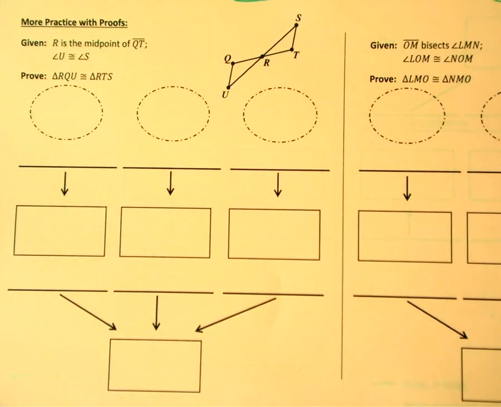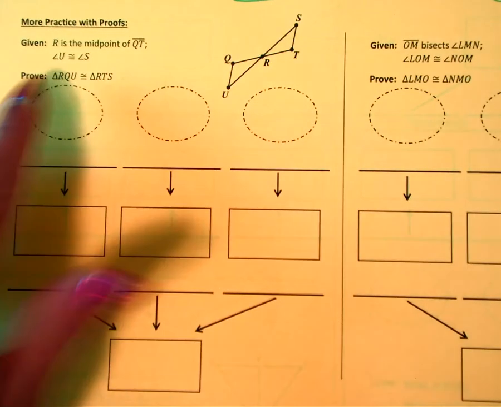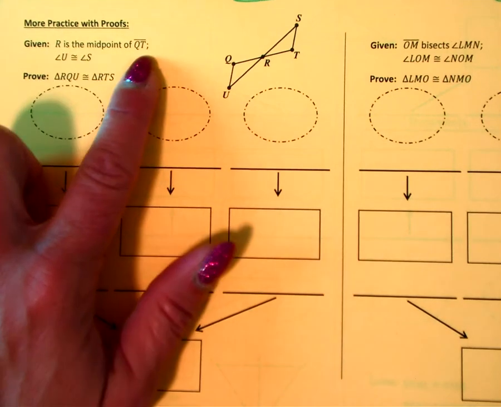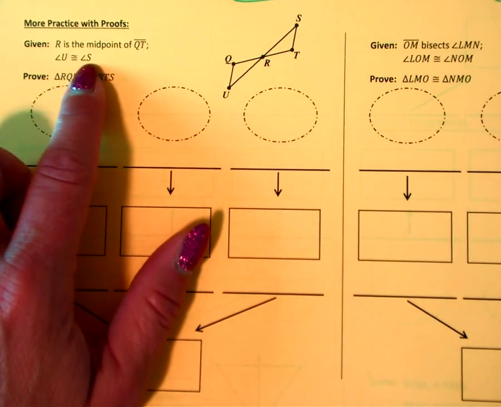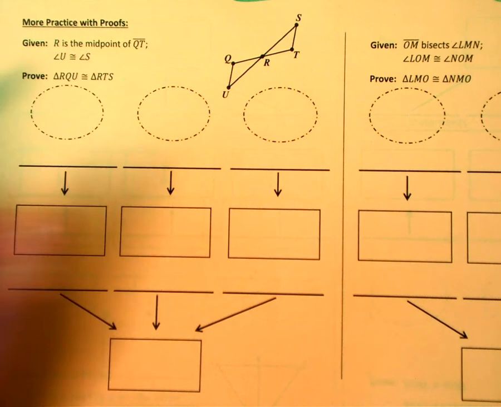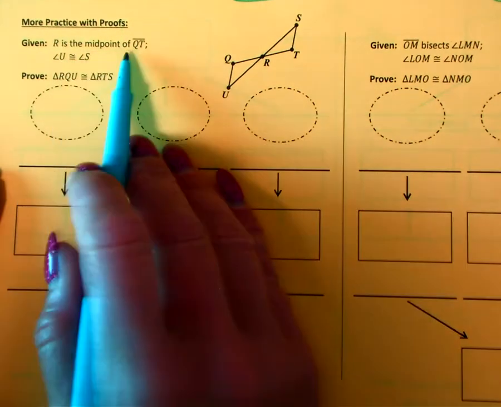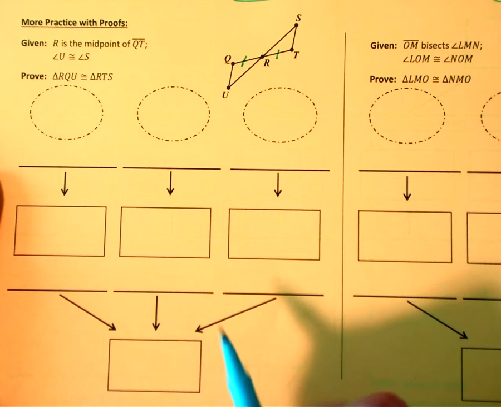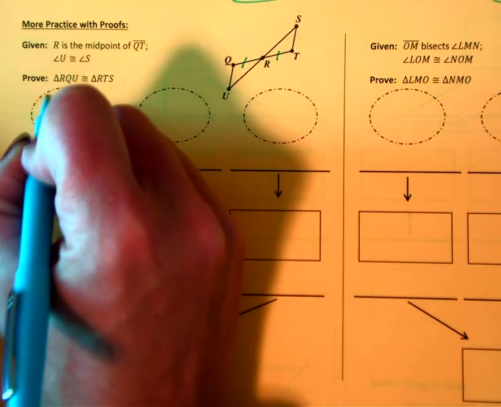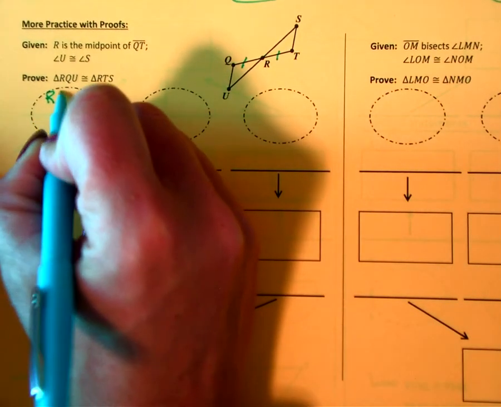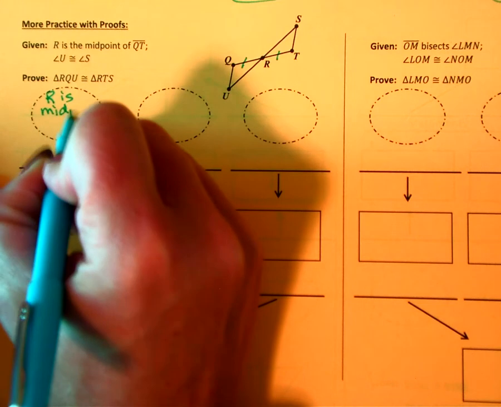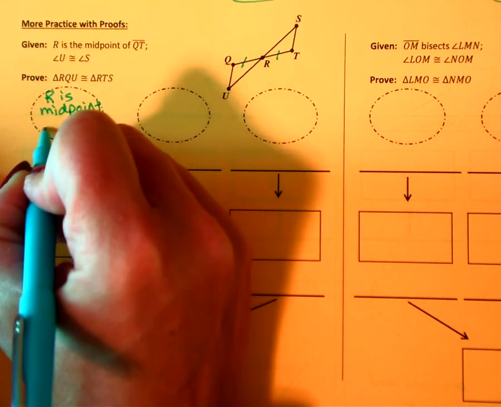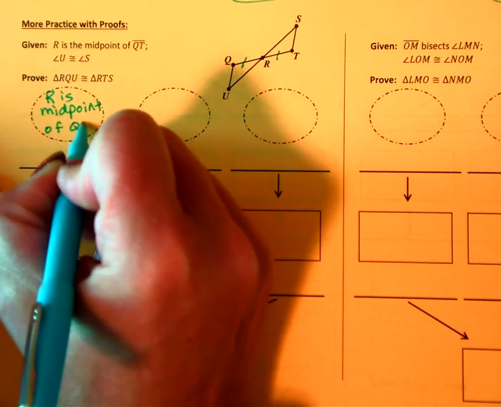To start with, we're given R is the midpoint of QT and angle U is congruent to angle S. I tend to always start with the first one. R is the midpoint of QT, so I mark on my diagram what that tells me. I start with my given here: R is midpoint of segment QT.